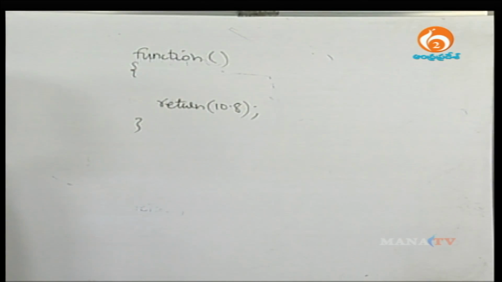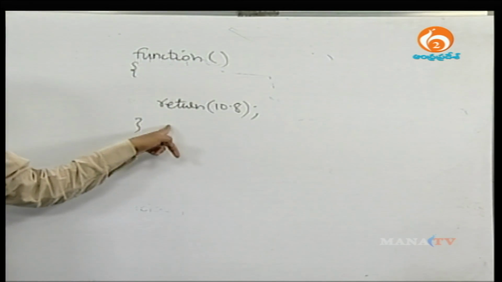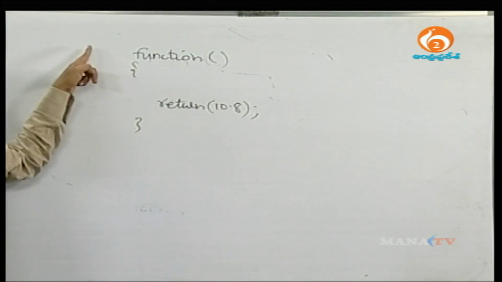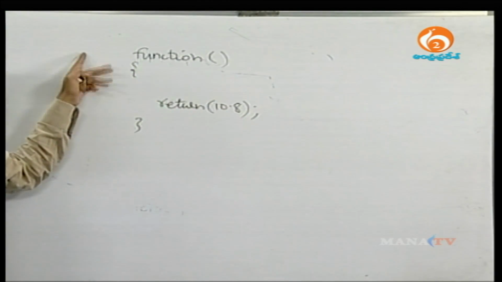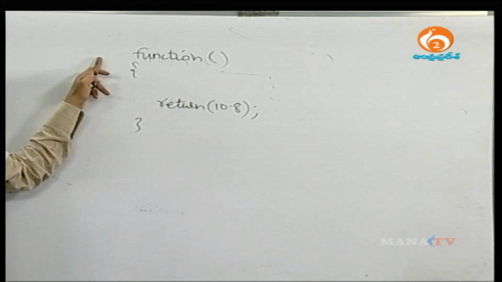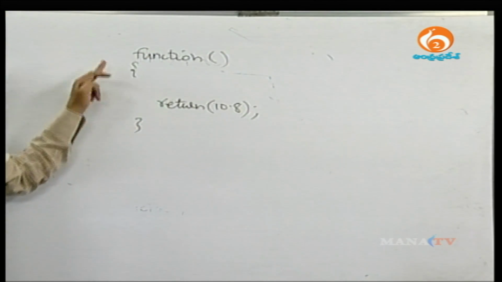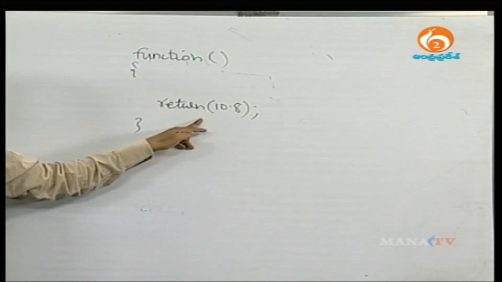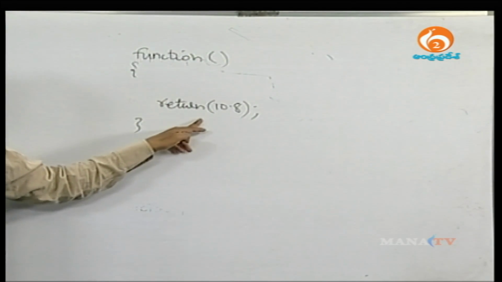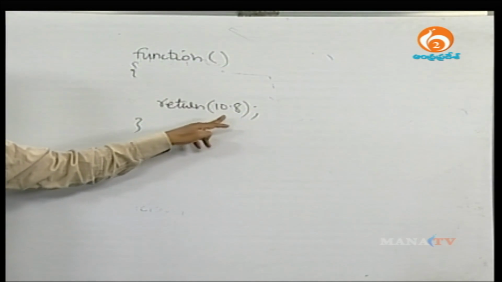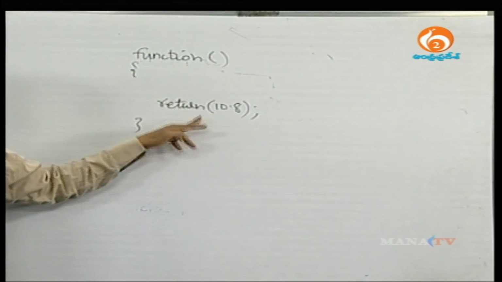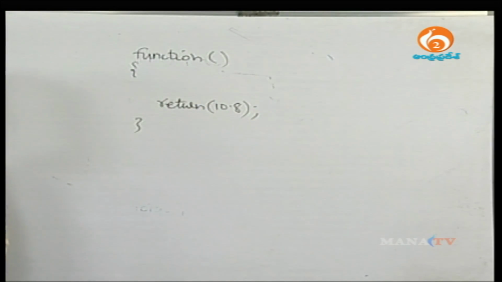Now you tell me. Here it returns 10 only, because there is no return type. If there is no return type, then the default return type is integer. So it is typecasted automatically. Typecasting means converting from one data type into another data type. So 10.8 is a float, float is typecasted into integer, so it becomes 10, so 10 is returned to the calling function.